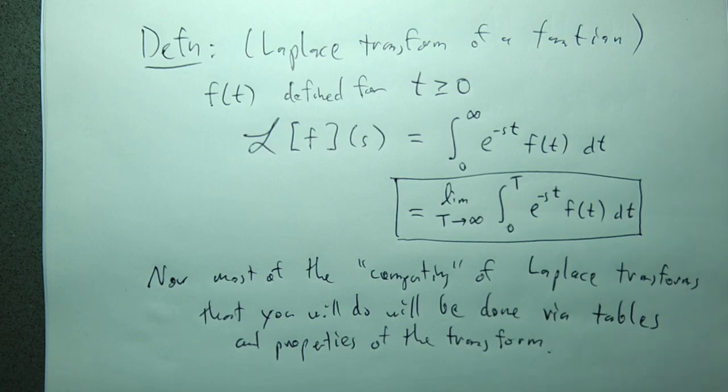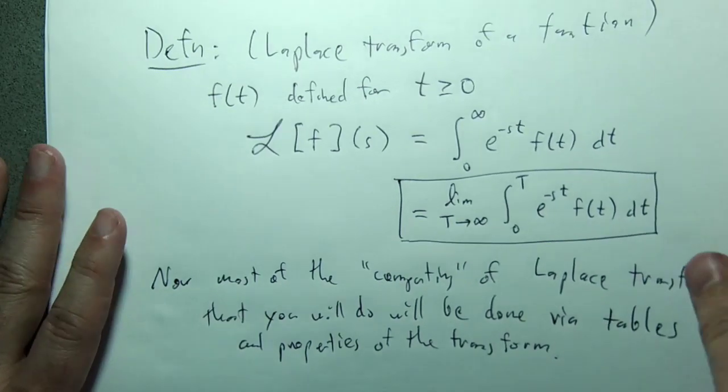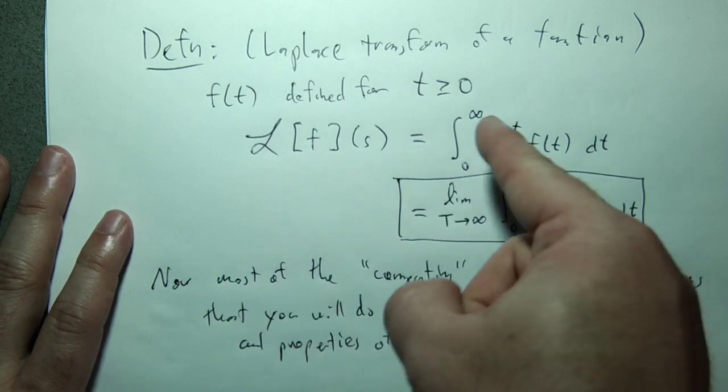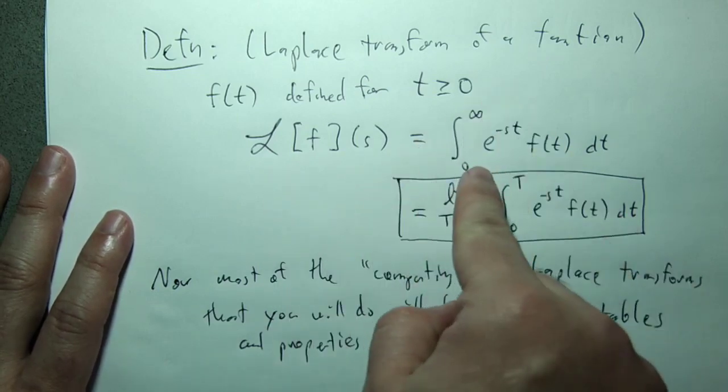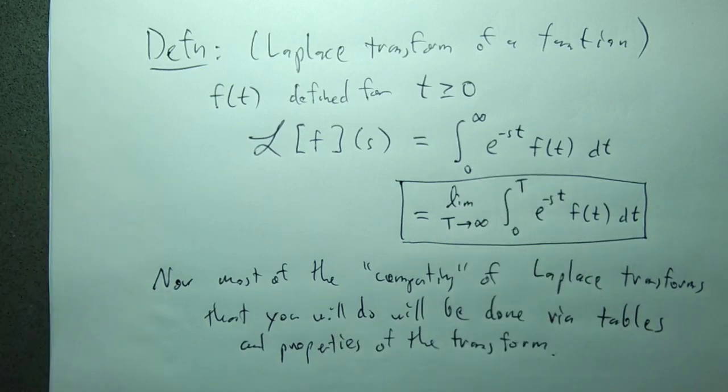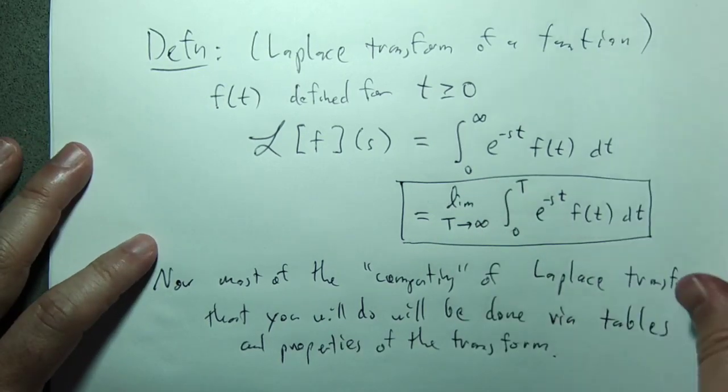Okay, so let's do a quick example, kind of the most basic thing. Since the Laplace transform is defined as integrating a function against an exponential, you might guess that the simplest Laplace transform to do is the Laplace transform of an exponential.